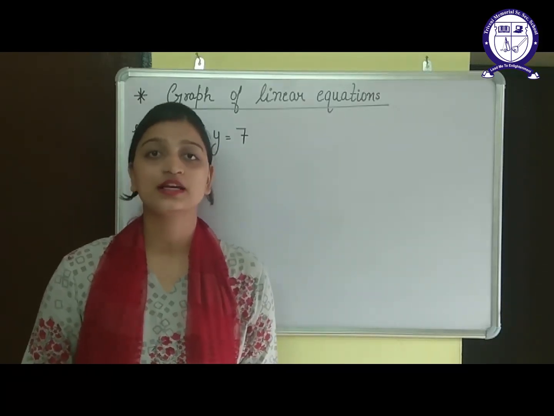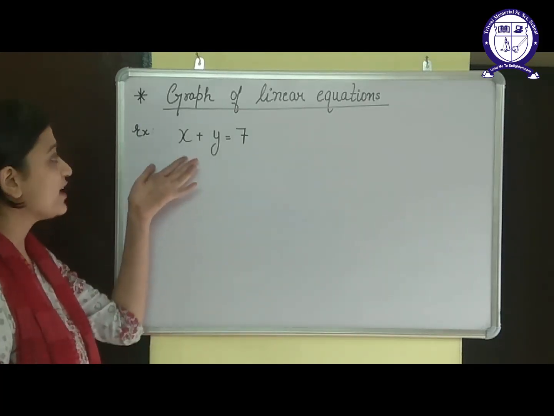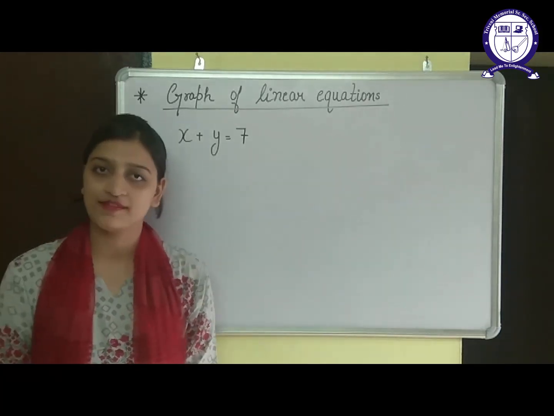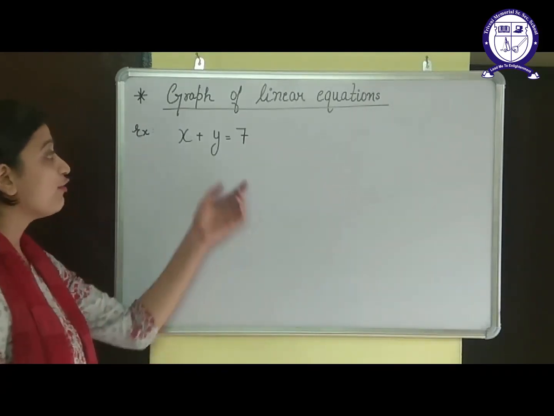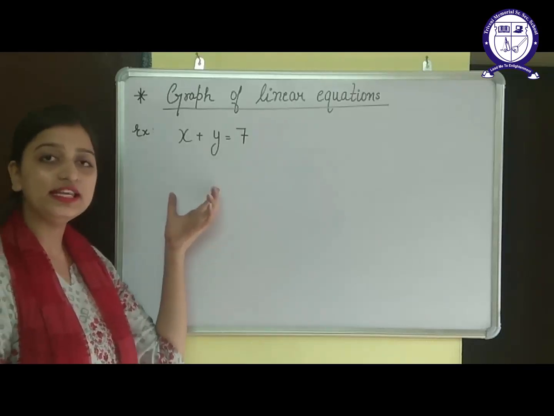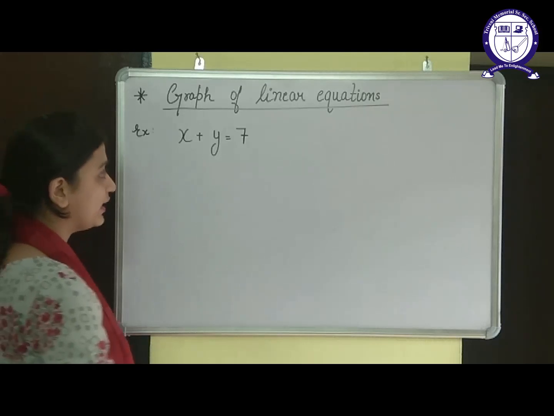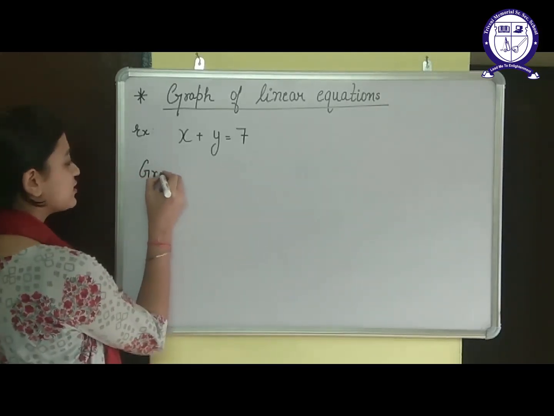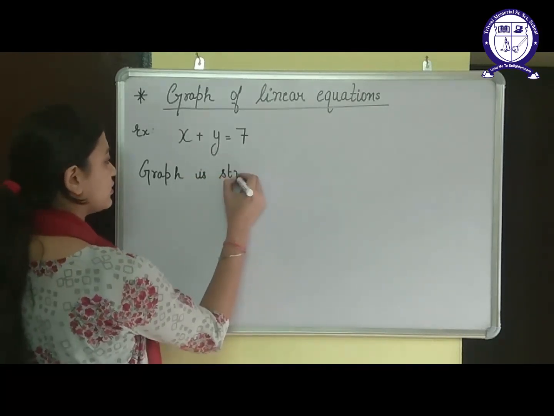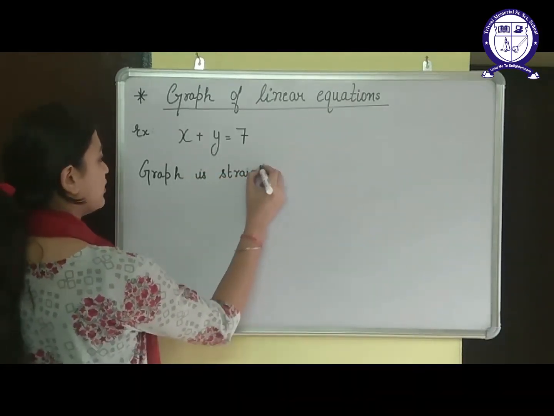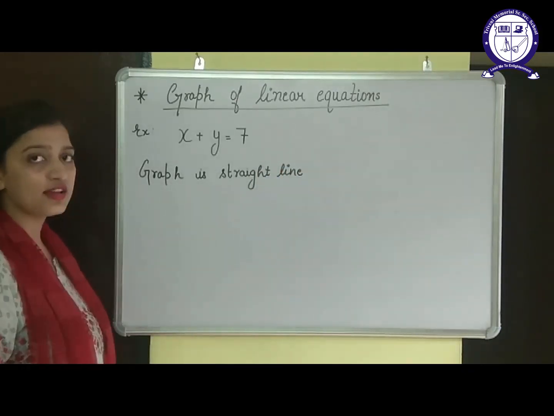Now for example, I have a question here, x plus y equals to 7 and I need to draw the graph of it. First of all, the graph of linear equation in two variables is always a straight line, and it cannot be cut in between.